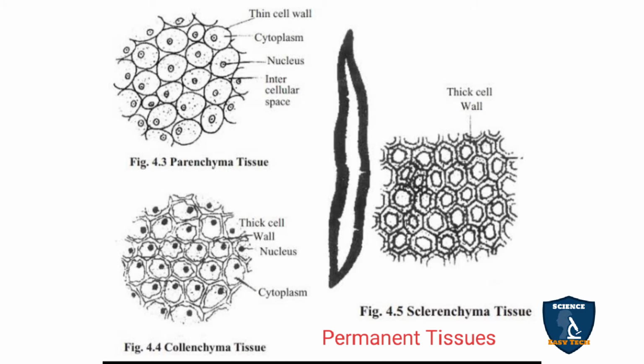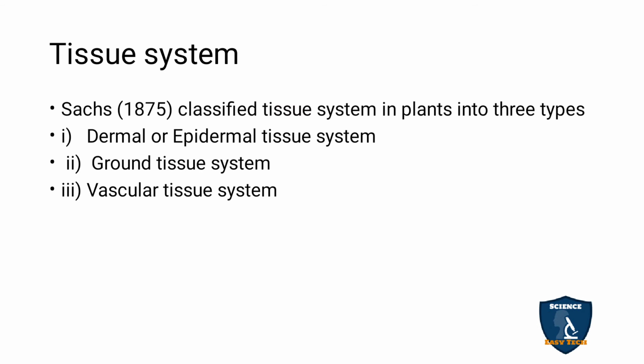Like that, each and every cell becomes permanent. Here I have given three types. Parenchyma cell is a permanent cell, helpful in storage. Collenchyma gives storage and mechanical support. Sclerenchyma gives mechanical support. Like that, the tissue identifies its particular function and acts according to it.